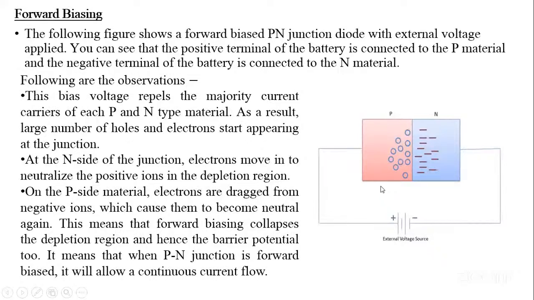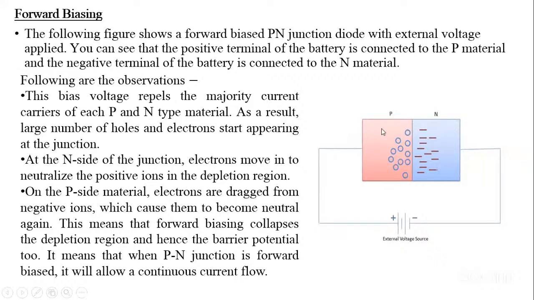So look at this now. Here we are forward biased. Forward bias means the terminal of the battery is the same as the terminal of the semiconductor material.